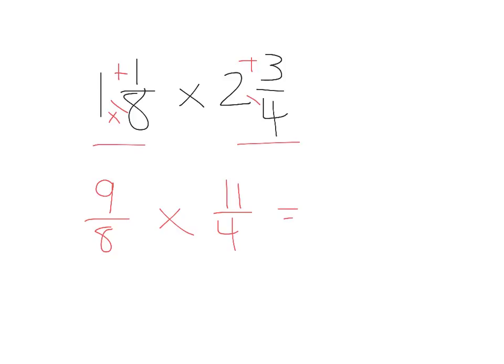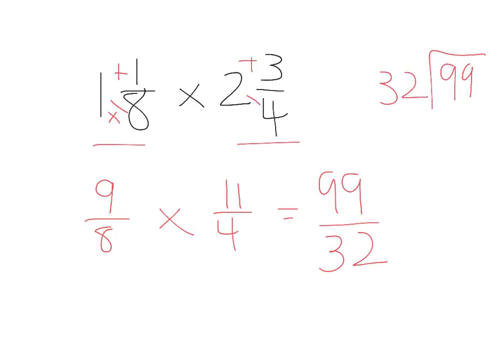So I just have to multiply it out, so it's going to be 99/32. To figure out how many times 32 goes into 99, I know it's going to be 3, because that's going to give me 96. And so I'm left with, as a final answer, 3 whole pieces, and then 3/32 left over.